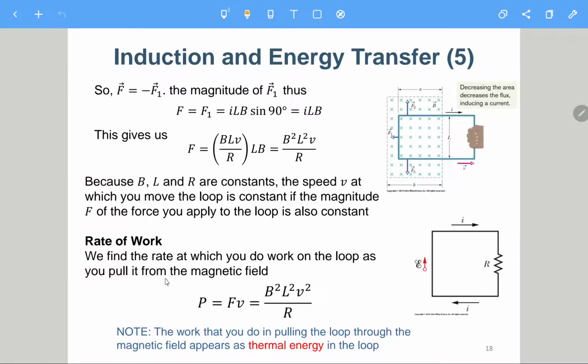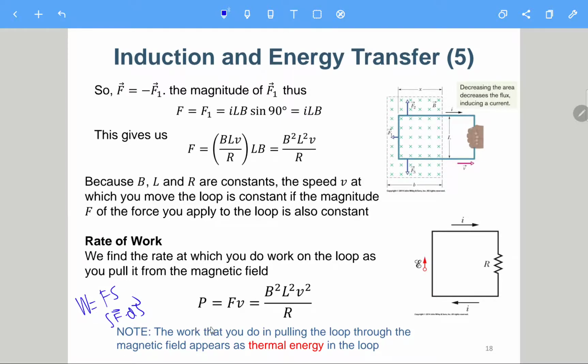And finally, the work done, or actually the power, will be Fv. The work is Fs, or generally F dot ds.